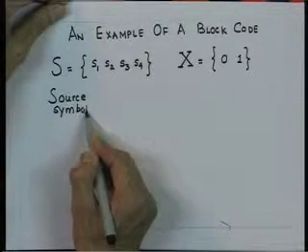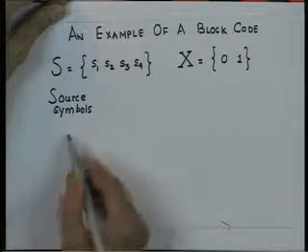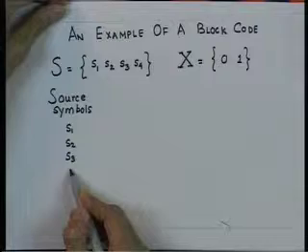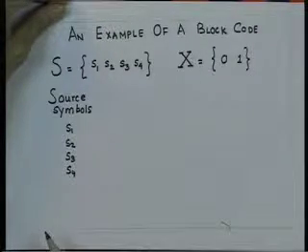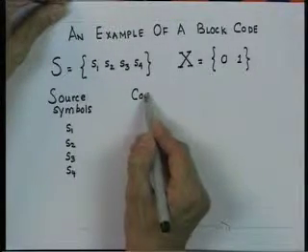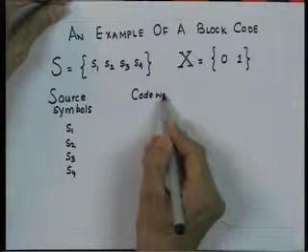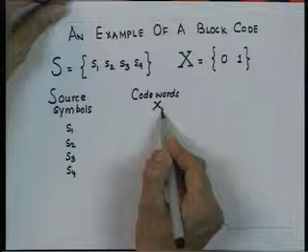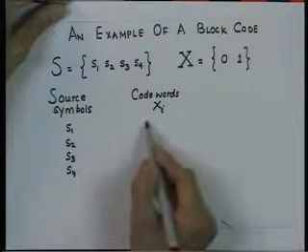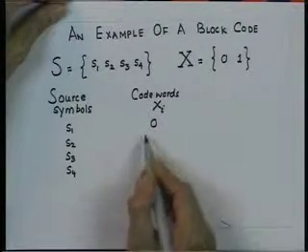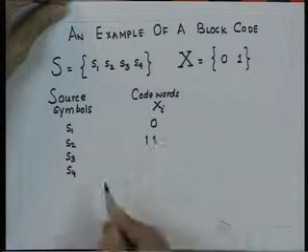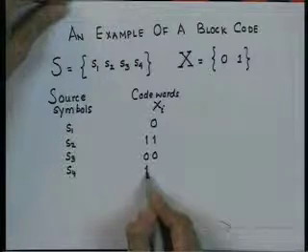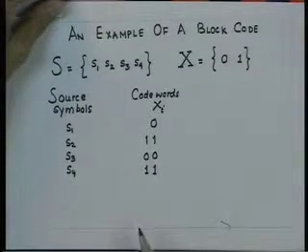Designing of a code for this source would be trying to find out the code words for each of these source symbols. So, the code words which are denoted by Xi would be, for S1 let me have 0, for S2 let me have 1 1, for S3 let me have 0 0, and for S4 let me have 1 1 again.